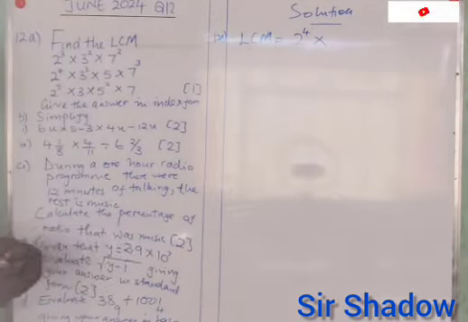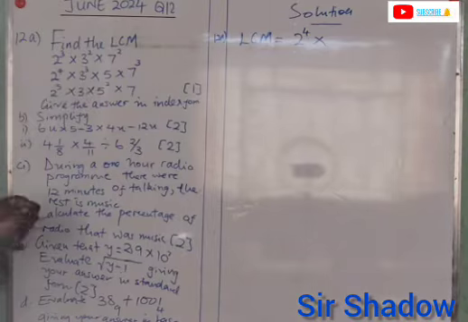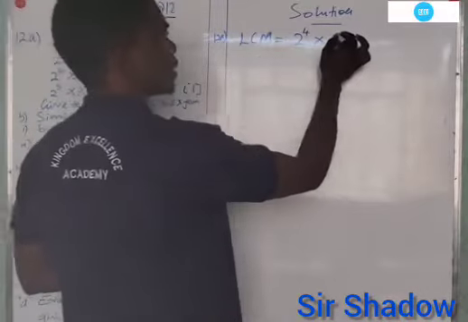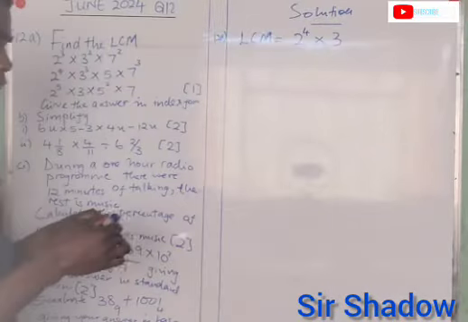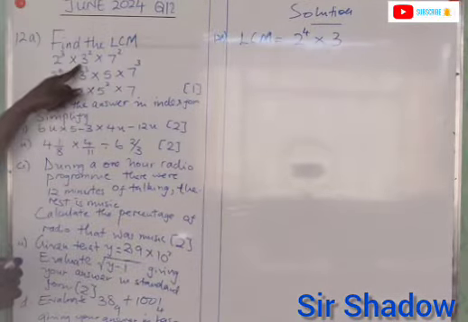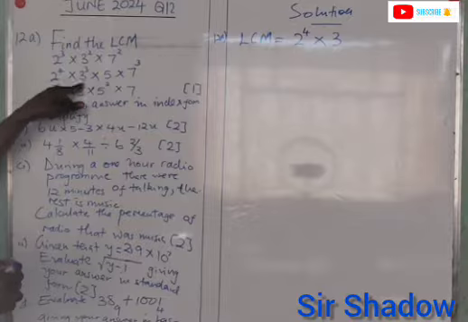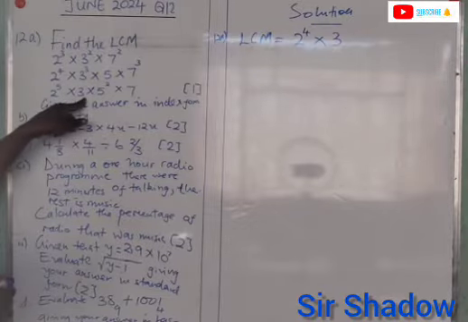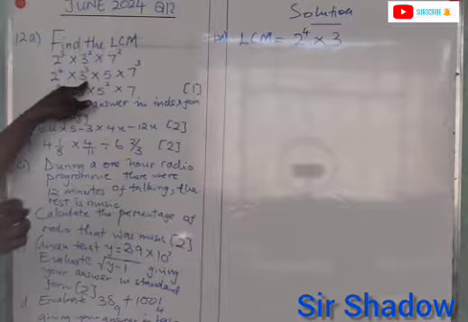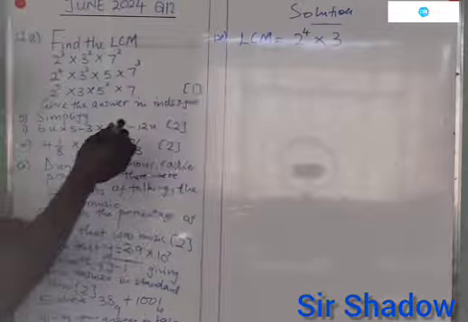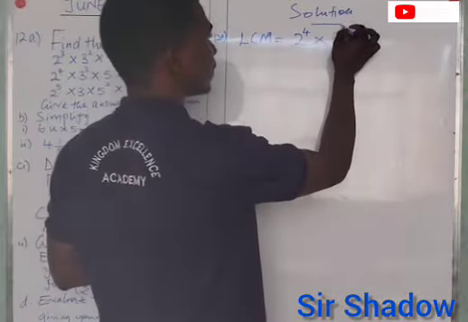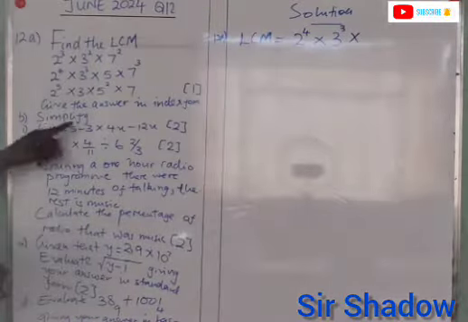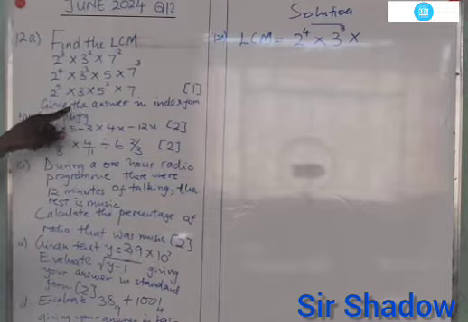Then let's take the second lowest value with the highest power. The second lowest value is 3, and its highest power is 3 to the power 3. Times the third lowest value, which is 5.